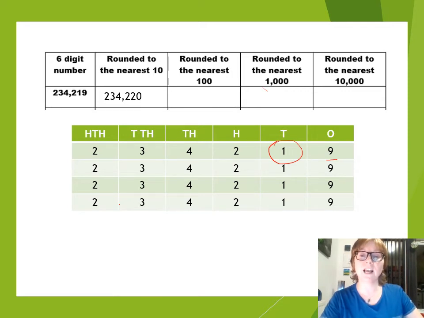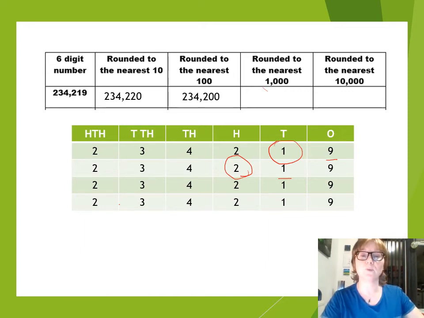If we follow exactly the same steps for rounding to the nearest 100, except remember that we circle the digit we are rounding to, which is the hundreds, and then we underline the digit to the right. So in this case, the digit to the right is a 1, which means the 2 will stay the same. So we end up with 234,200, and this is a multiple of 100 because it has 2 zeros at the end.